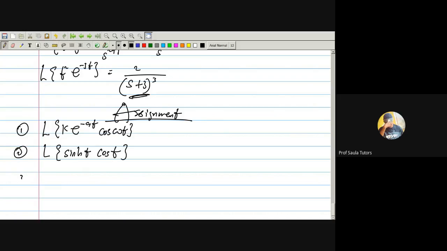And then find the Laplace transform of 0.5 exponential minus 4.5t sin 2 pi t. I think this assignment is okay.